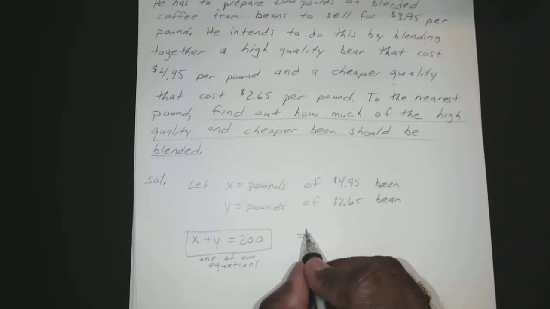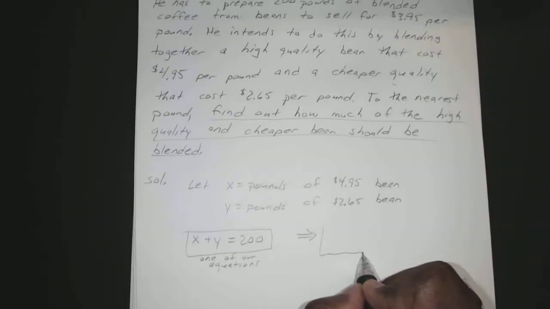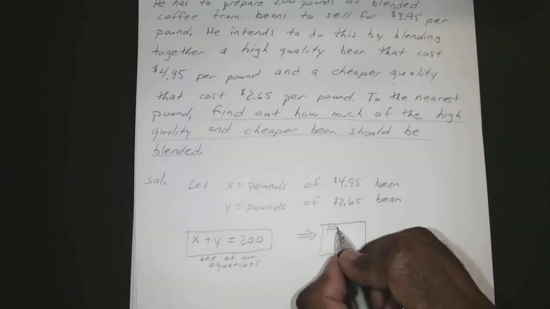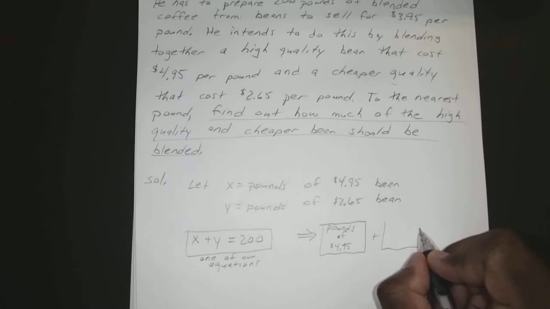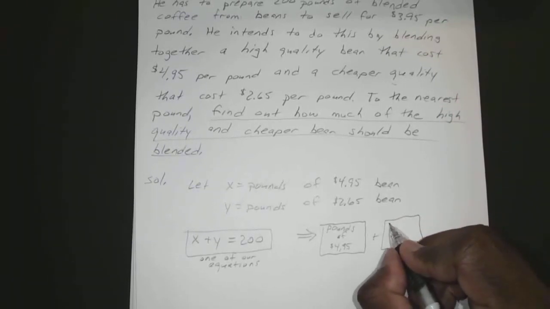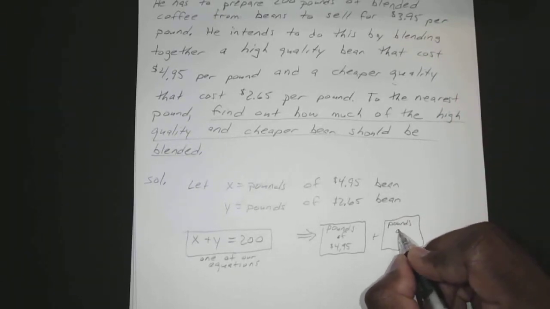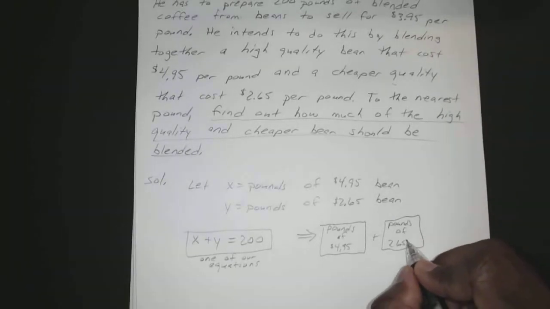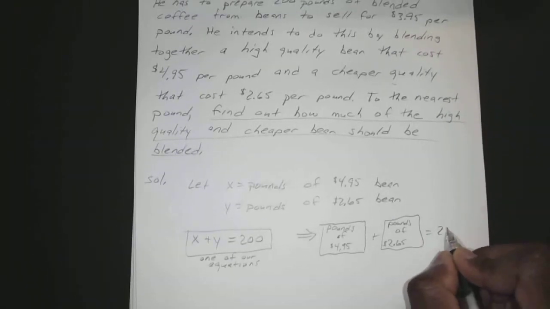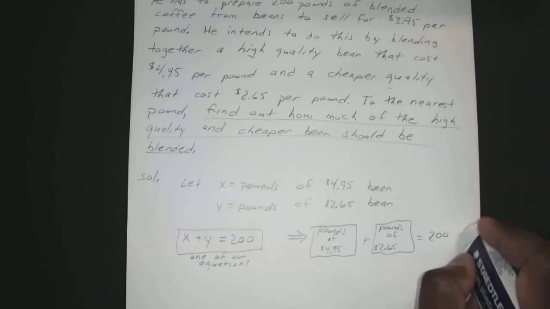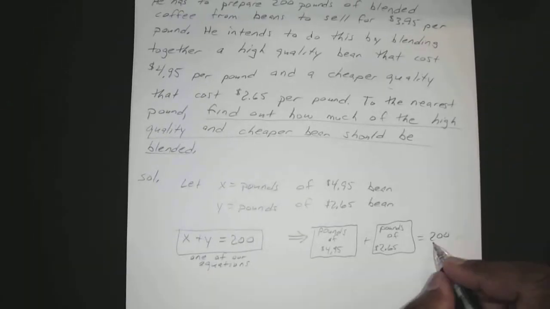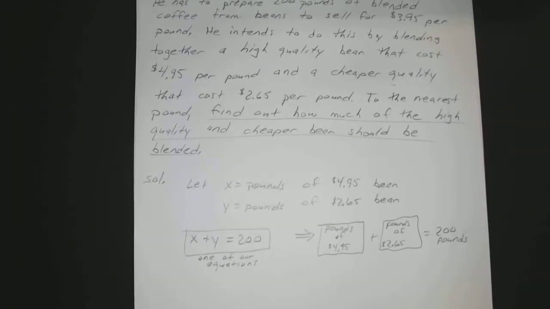If you did decide to draw a diagram, it would just be pounds of the $4.95 bean plus the pounds of $2.65 bean equal 200 pounds.